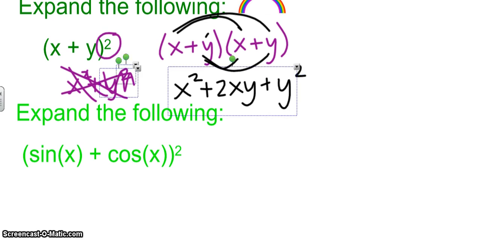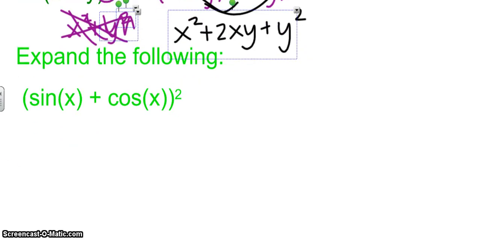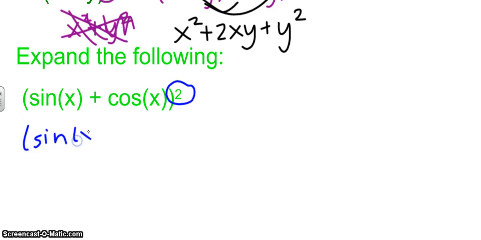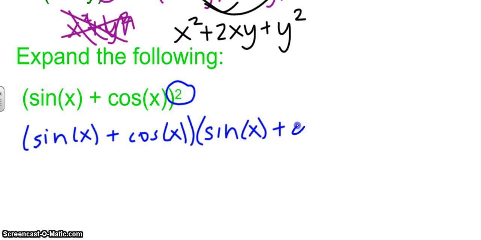So likewise, students have a tendency to say, great, this will just be sine squared plus cosine squared and I'm done. Don't do it. This square right here means you need to take sine of x plus cosine of x and multiply it by sine of x plus cosine of x.